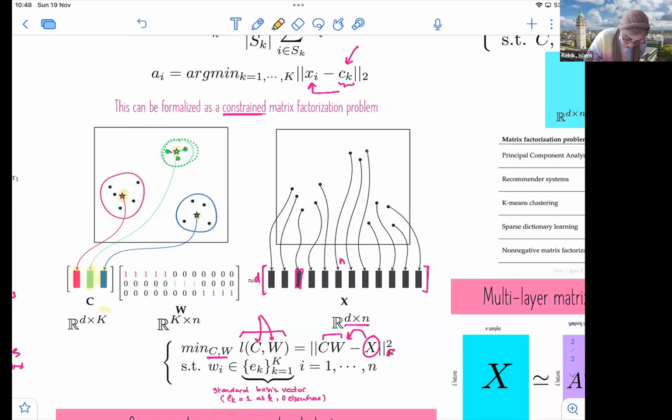So C here defines my new space. Okay, so this is my new space. And we have seen this, by the way, guys, in the deep matrix factorization earlier. So we have a new space that has D features and K bases. K is the number of clusters. So ideally, these new bases will define the centroids, the centers of each cluster.